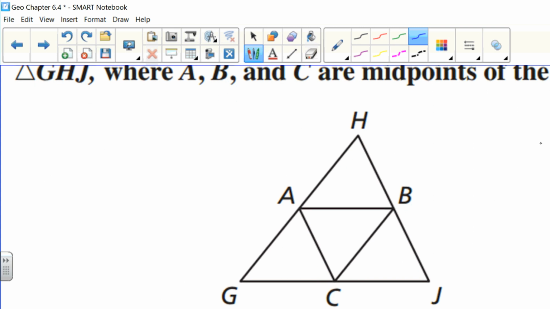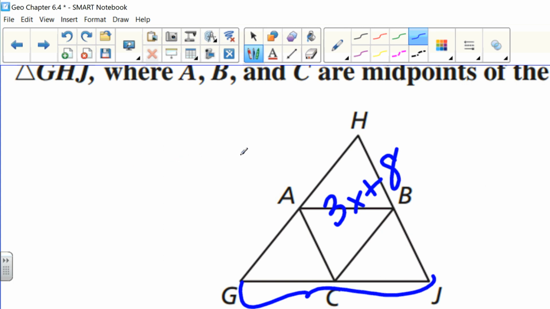So these three here, the lines inside this triangle, are all midsegments. It tells us that AB is 3x plus 8. It tells us that GJ, the whole length, is 2x plus 24.